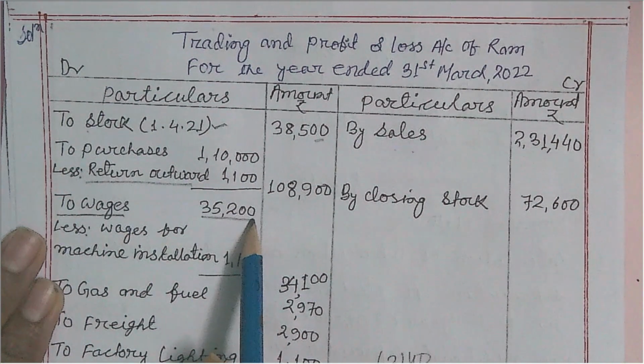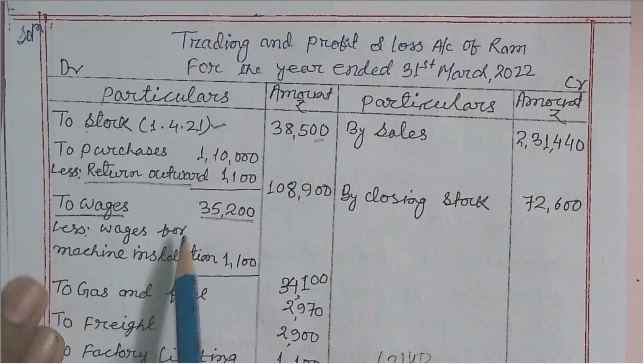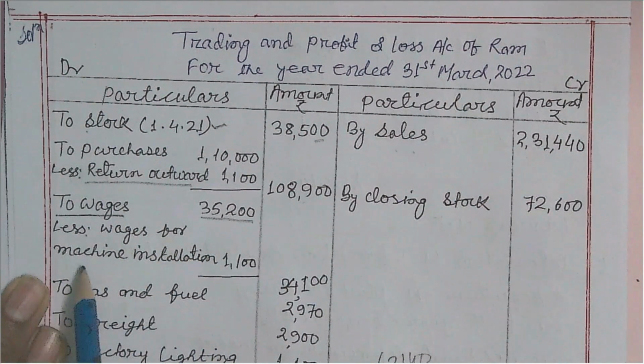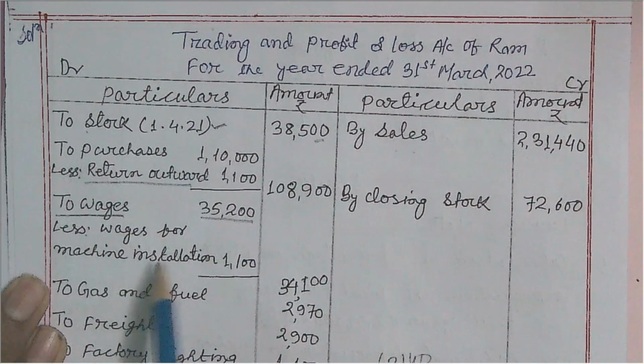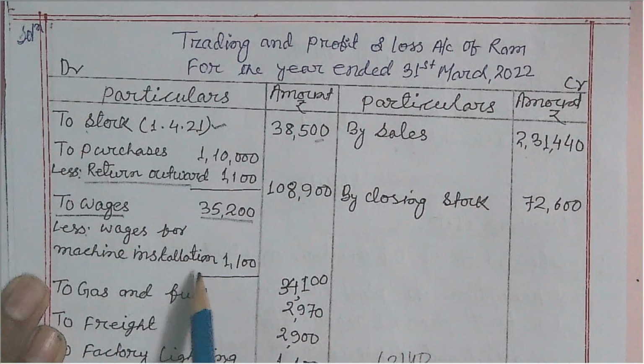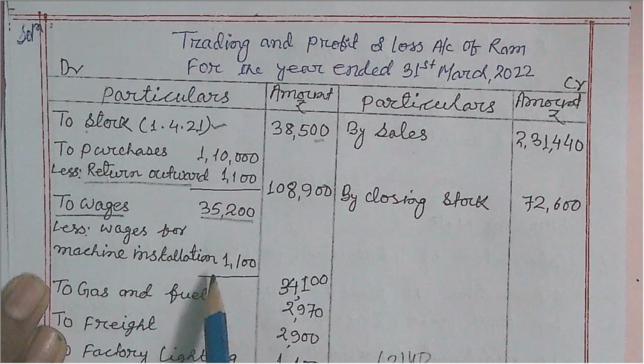Then wages 35,200, and in the adjustment it is given that wages were for machine installation. So any expenditures incurred at the time of installation of machine are to be capitalized.